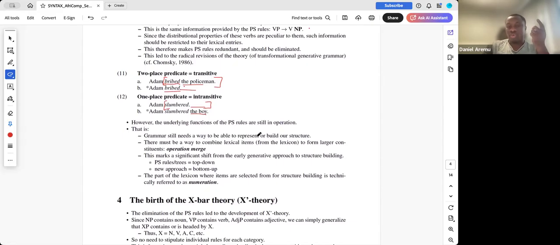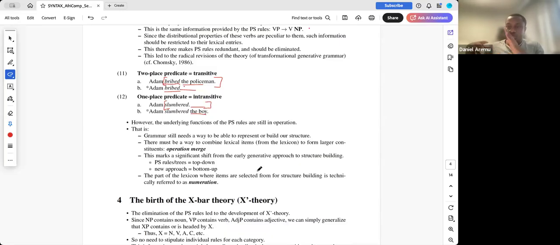But this new approach that was proposed, the X-bar theory, builds the structure from the bottom up. And that is very important because it actually shows constituency using the operation Merge. I know most of us are familiar with this already.